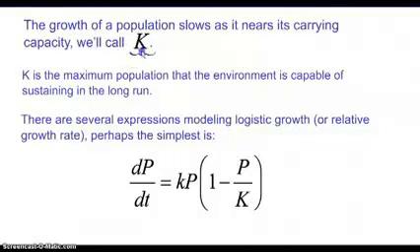We'll call that carrying capacity capital K. It's what we are more likely to see on the AP exam than any other letter, but I have seen it referred to as capital M and other letters, so let's not get married to capital K. Capital K is the maximum population that the environment and its resources are capable of sustaining in the long run.